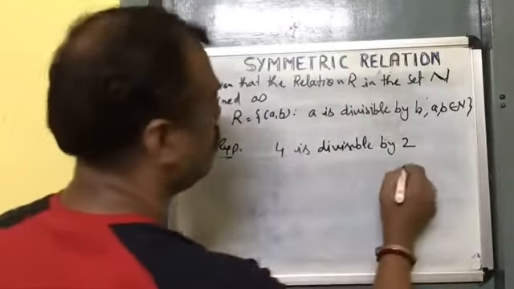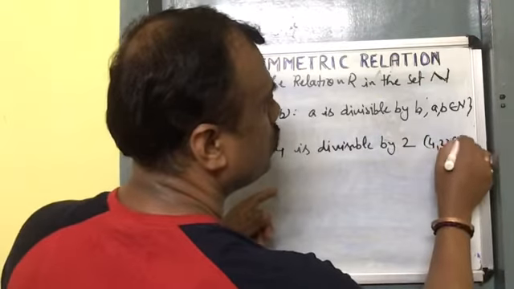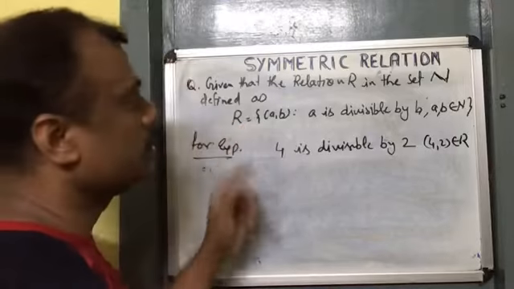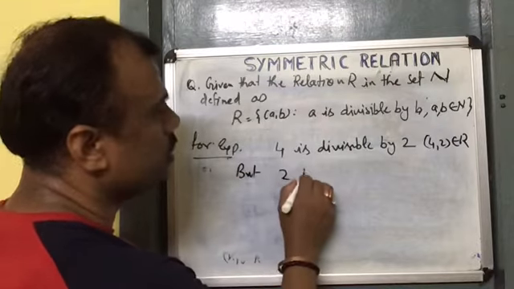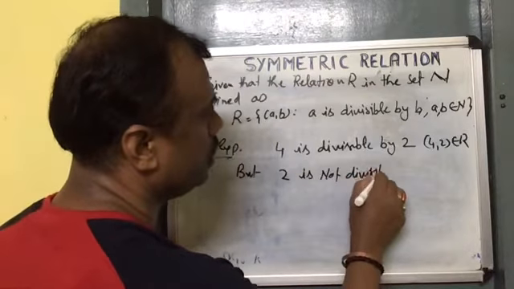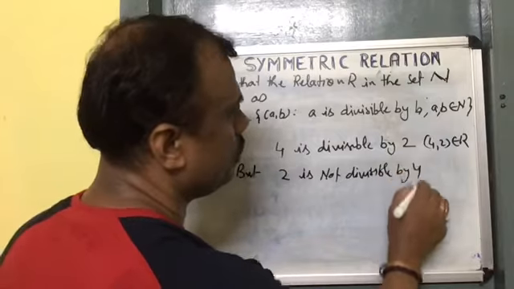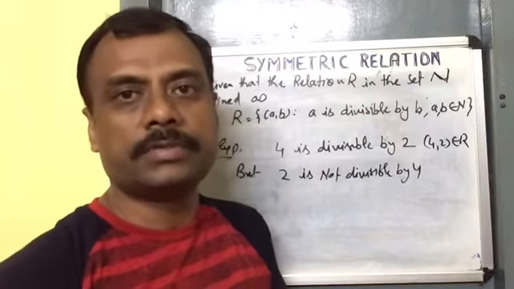That means (4,2) belongs to R according to this, but 2 is not divisible by 4. Here divisibility means completely divisible.